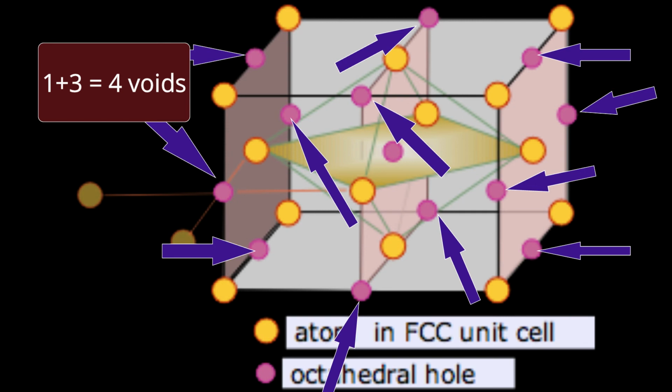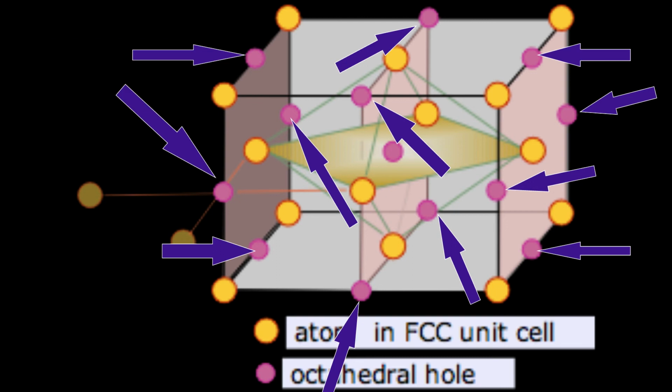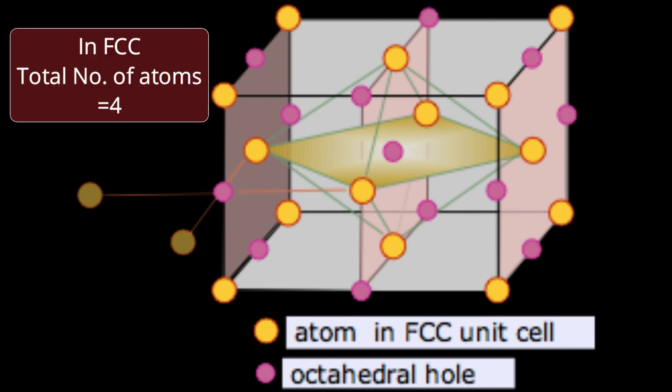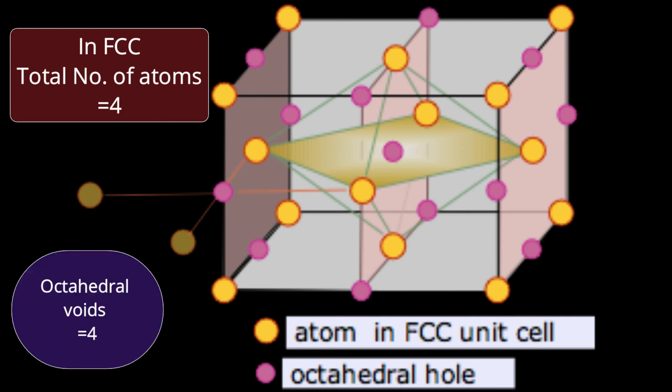So in FCC, the total volume occupied by the voids is equivalent to 4 atoms. Now, additional logic. In FCC, the total number of atoms is 4, and the total number of voids present from the volume point of view is 4. So the number of octahedral voids is equal to the number of atoms present in FCC.